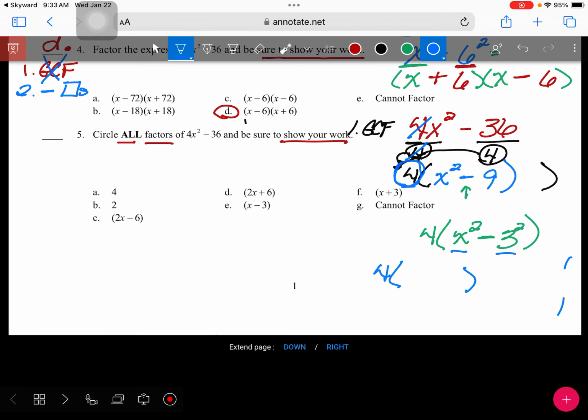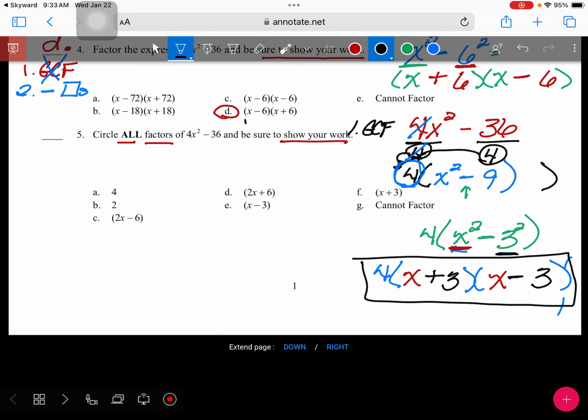And then I'm going to write this as my first term, which is just the singular version, x. And that goes in the first spot of both binomials. And the second term is going to be the 3. I put a plus sign on the first and a minus sign on the second. And that is the factorization of that initial binomial.